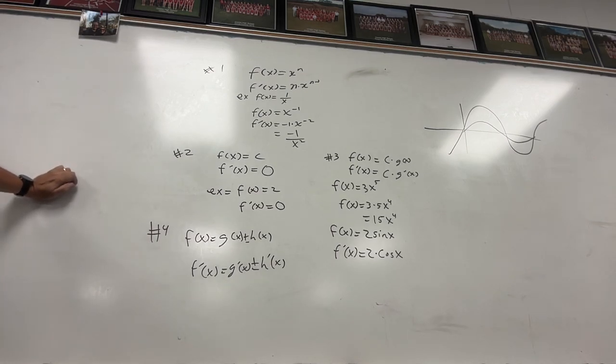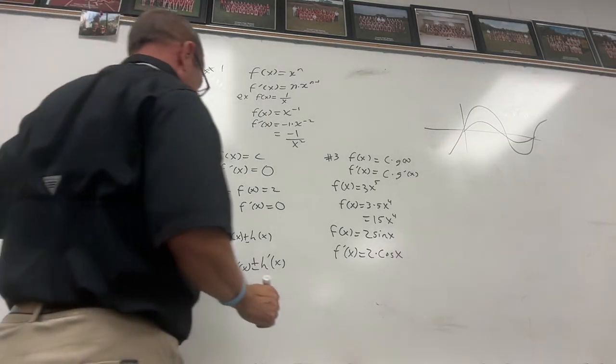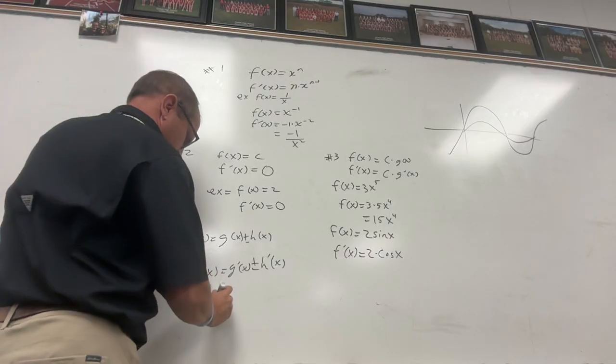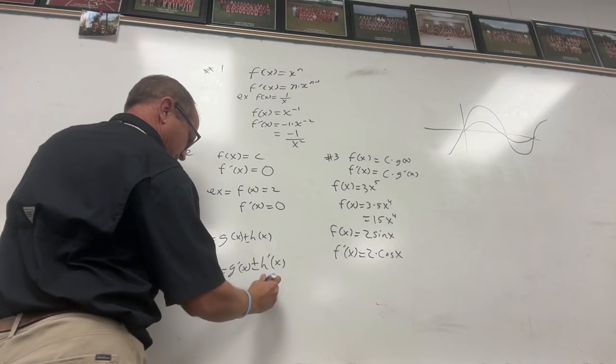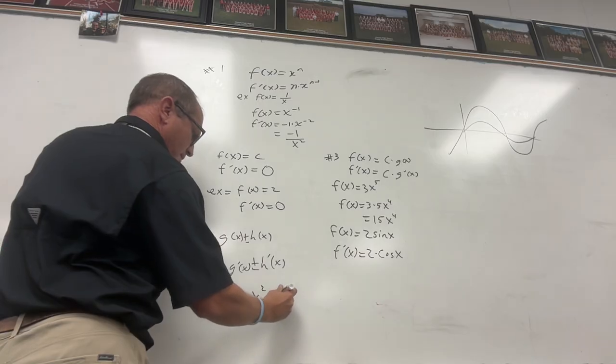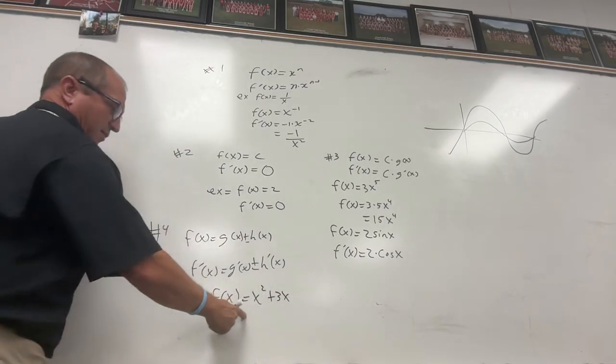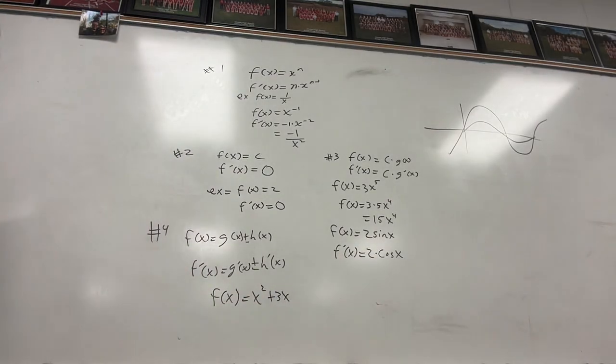Look back at your homework from last night and give me one of those polynomials that we had for homework. X squared plus 3x. X squared plus 3x. So we're adding two different functions together, right?